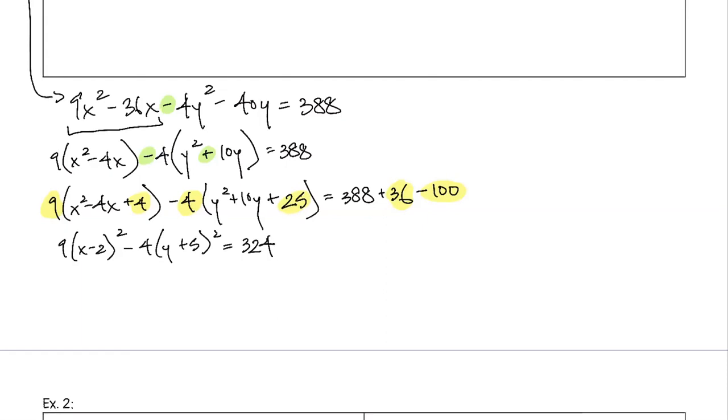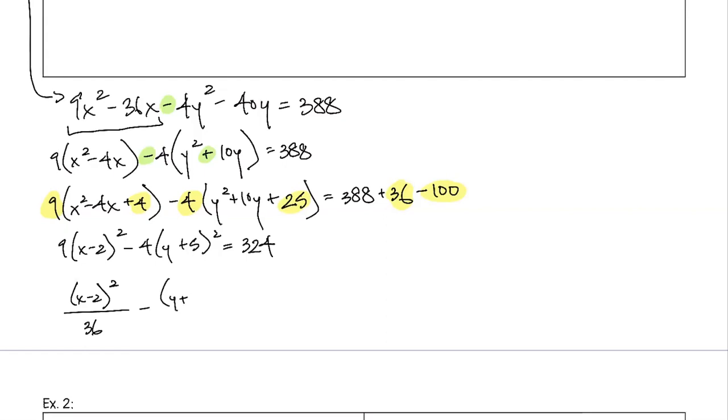All right, last step here. What do I need to do to get this in a form that is easy to graph? Divide by 324. Exactly. So when we divide and reduce, we'll end up with a denominator down here of 36. And in my head, I'm already thinking, okay, that's like 6 squared.